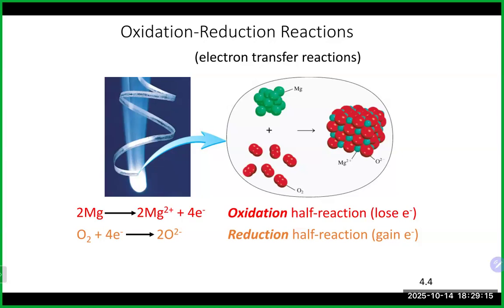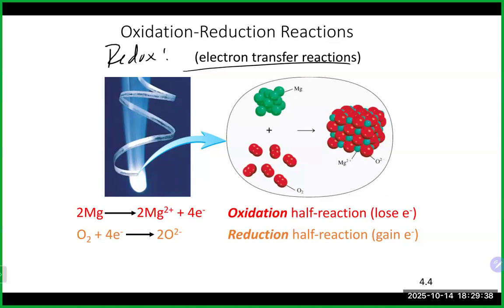Now, the rest is pretty much going to be our electrons being transferred, and those are our redox reactions, as we talked about. Redox reactions involve electrons being transferred. And again, you can think of redox reactions as the big category of reactions, kind of like double displacement is for precipitation and acid-base.